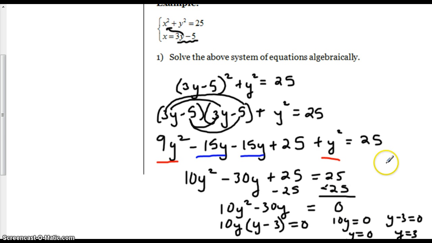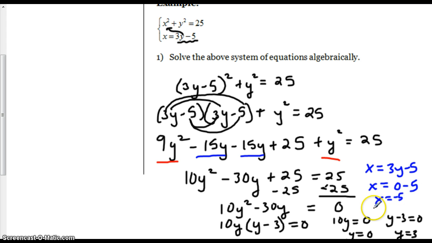So let's go ahead and change colors. And our equation is x equals 3y minus 5. So the first time I'm going to substitute in 0 for y. So 3 times 0 is 0, and 0 minus 5 would be negative 5.